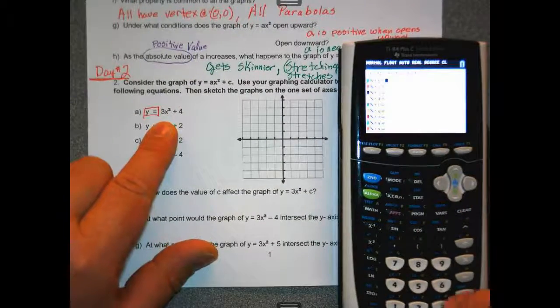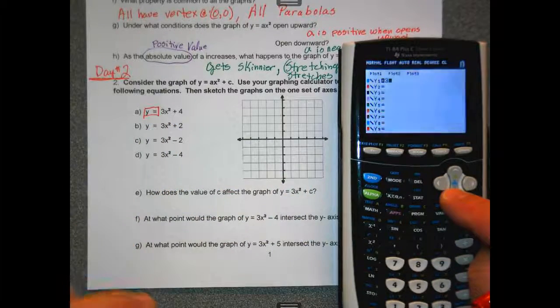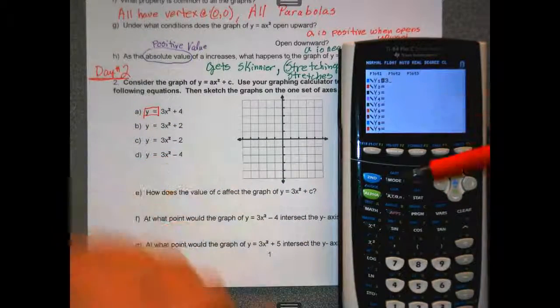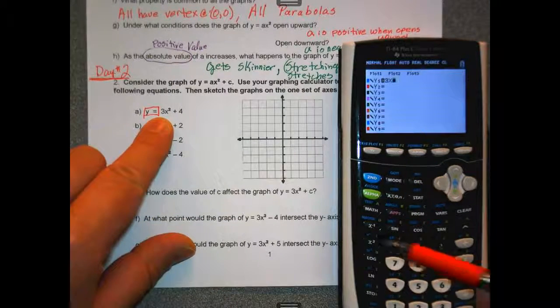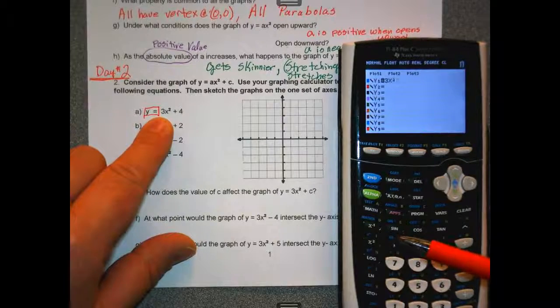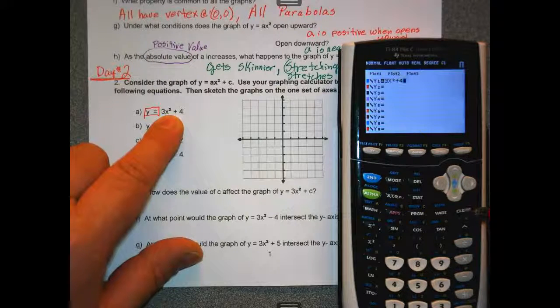And I'm going to put in 3. My x key is right here. My squared key is right there. So I have 3x squared plus 4. And I'm going to hit graph.